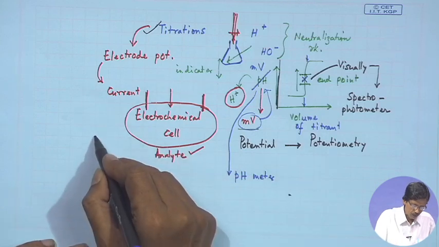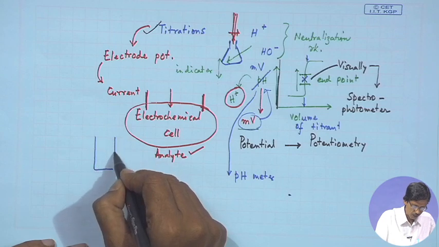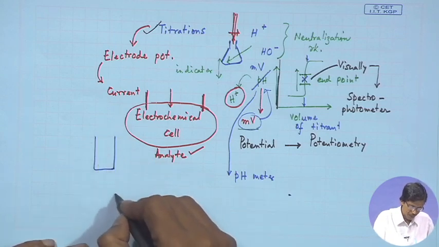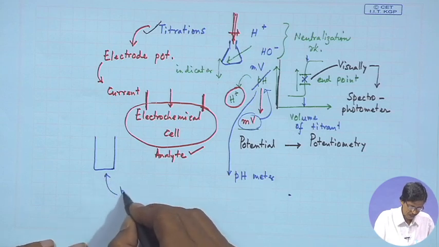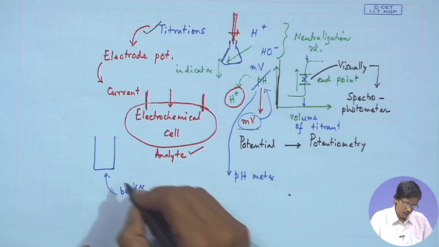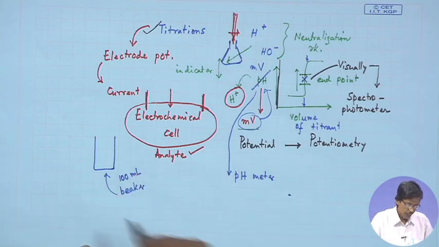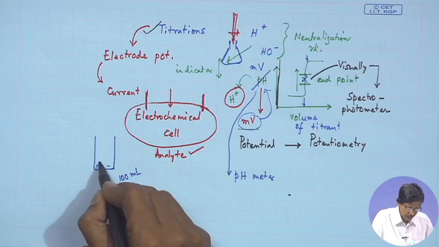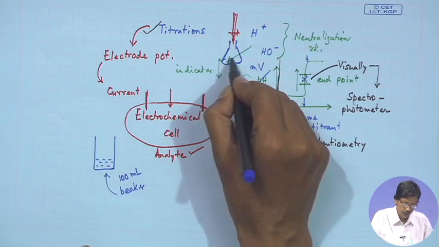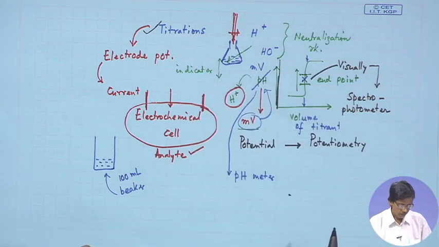Now, for the electrochemical cell, the concept is that it should have a wide mouth. That means a simple beaker, say of 100 milliliter capacity, and you have the corresponding analyte in it, the measured volume that you had in the conical flask for your titration.